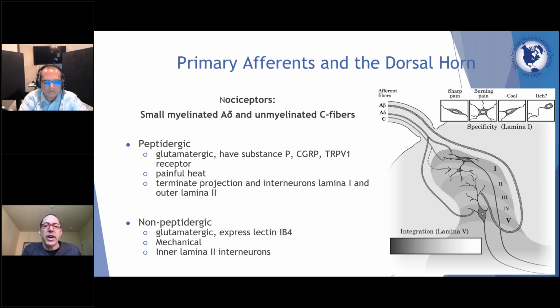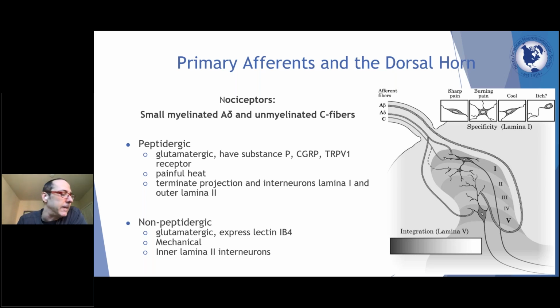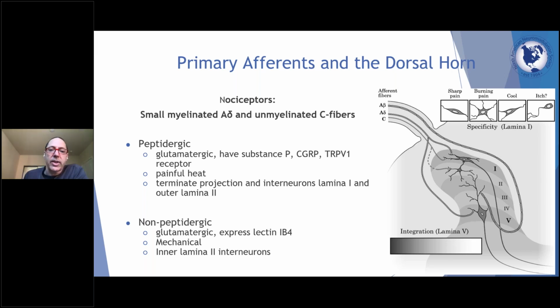So primary afferents in the dorsal horn. As most of us know from our first year of medical school, the pain and temperature fibers are considered to be the small unmyelinated C fibers, as well as some of these small myelinated A delta fibers, which have a particular pattern of connectivity within the dorsal horn.